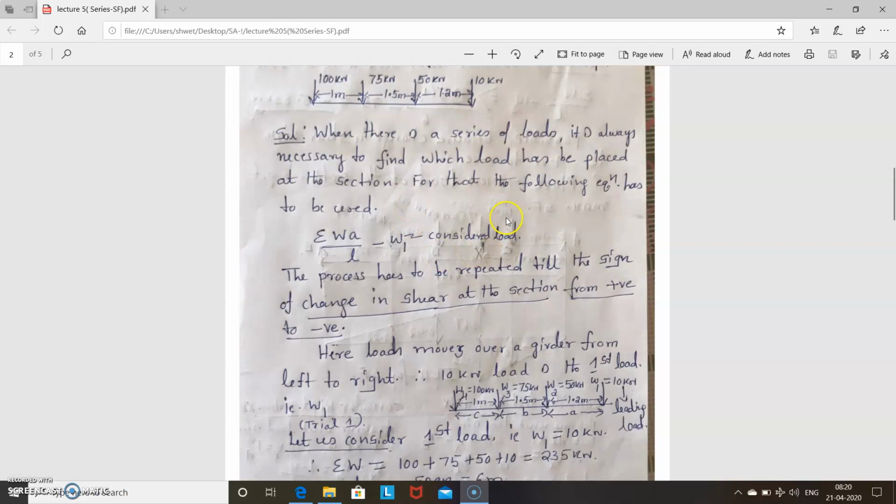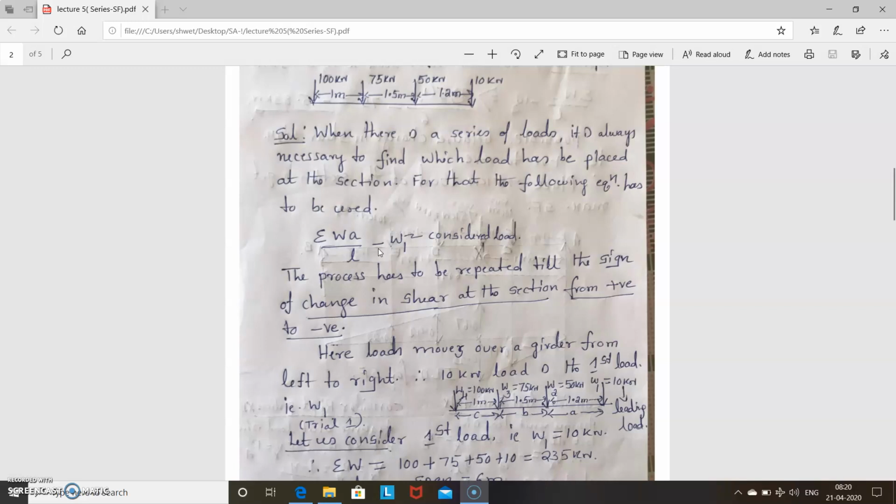There is one simple rule: you have to do the process till the sign of shear at the section changes from positive to negative. Suppose you substitute some load in this equation and get a positive value; you cannot take that load as the load to place at the section.